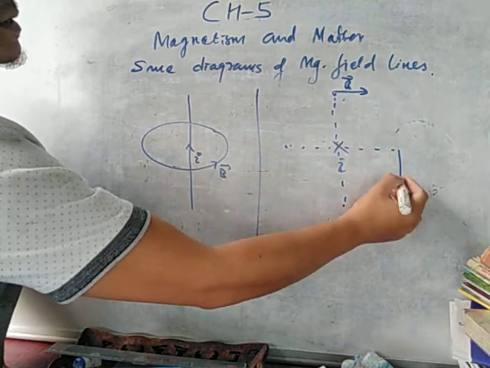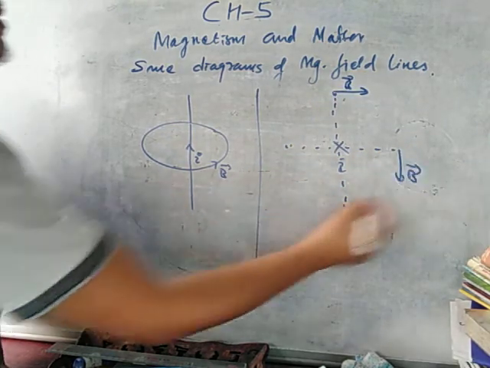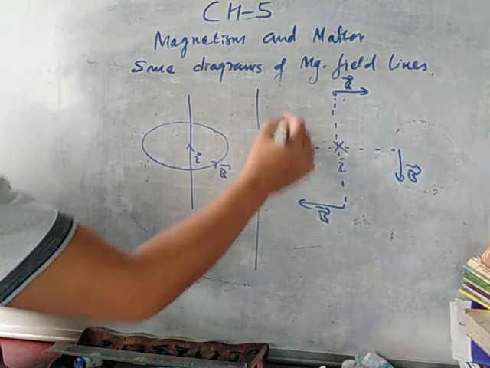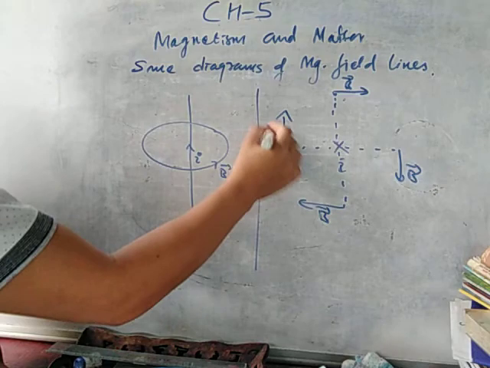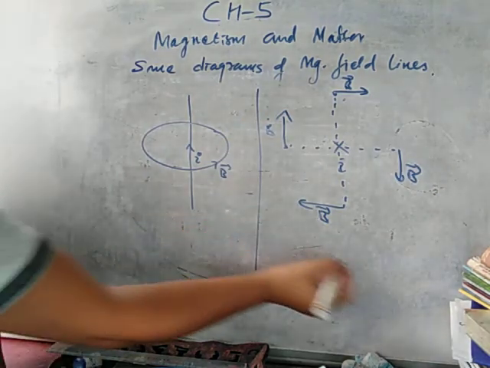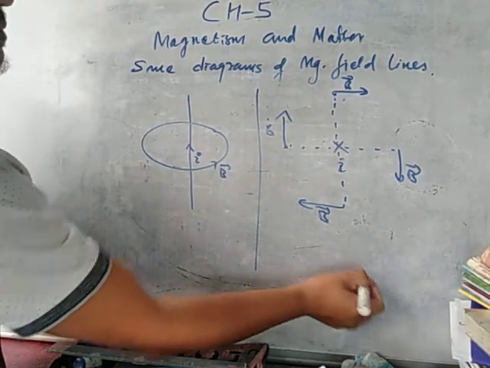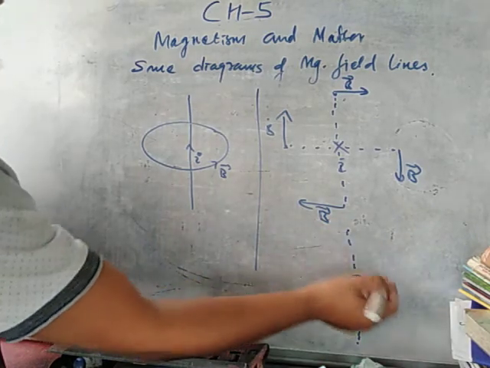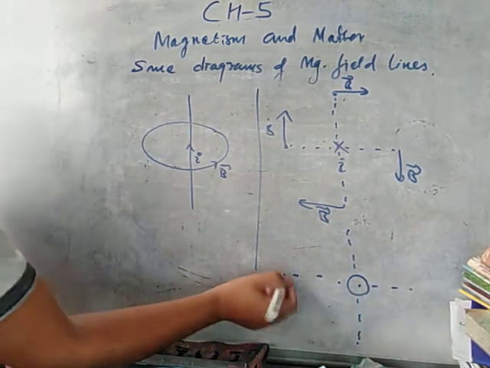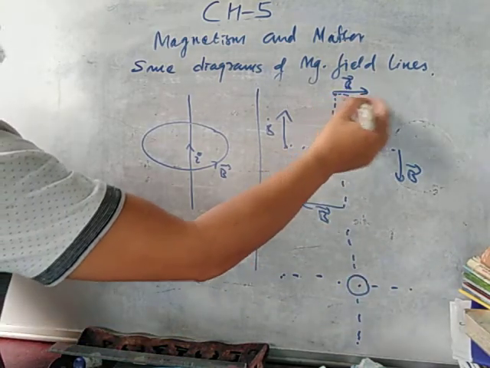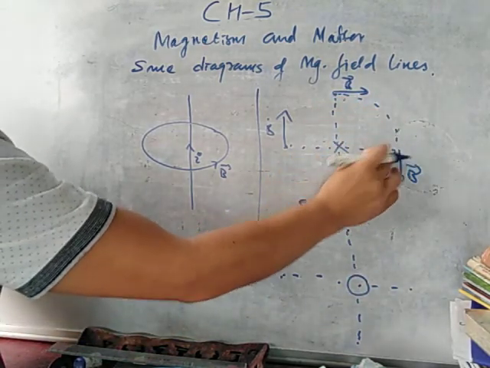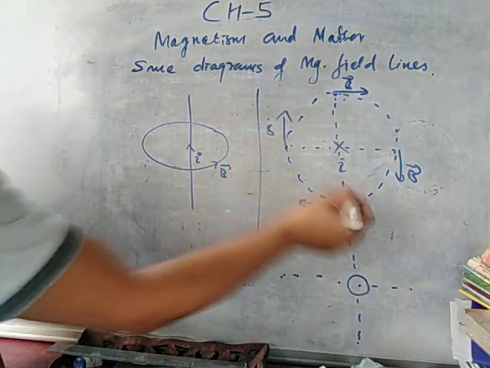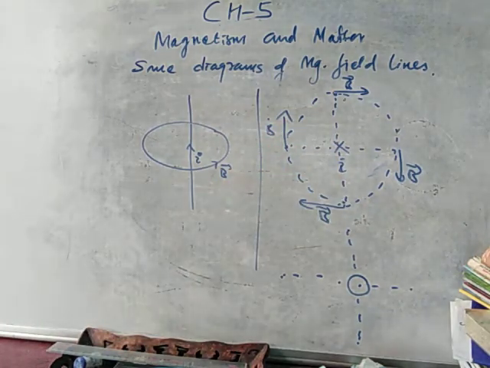And at this point, direction of magnetic field is like this. At this point, like this, like this. So homework ma garnu la त्यति. At this point, at this point. So if you join, then it will look like this. So these are the magnetic field lines.